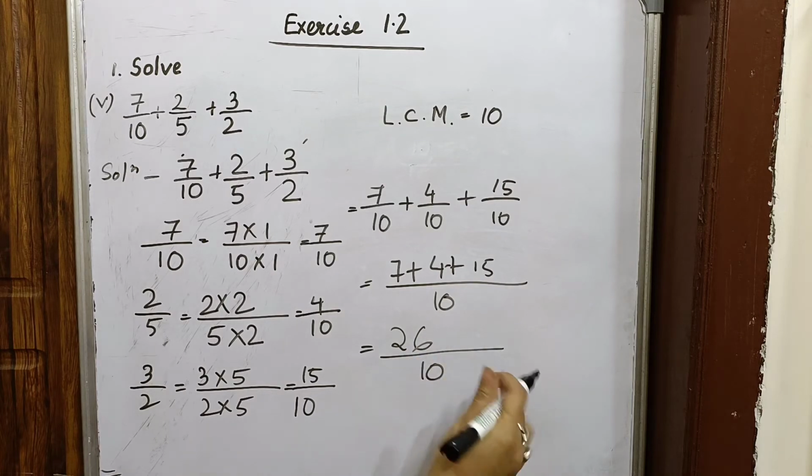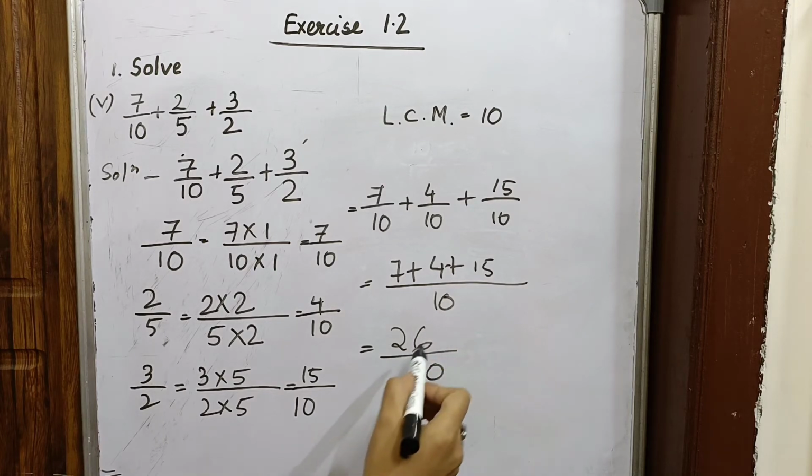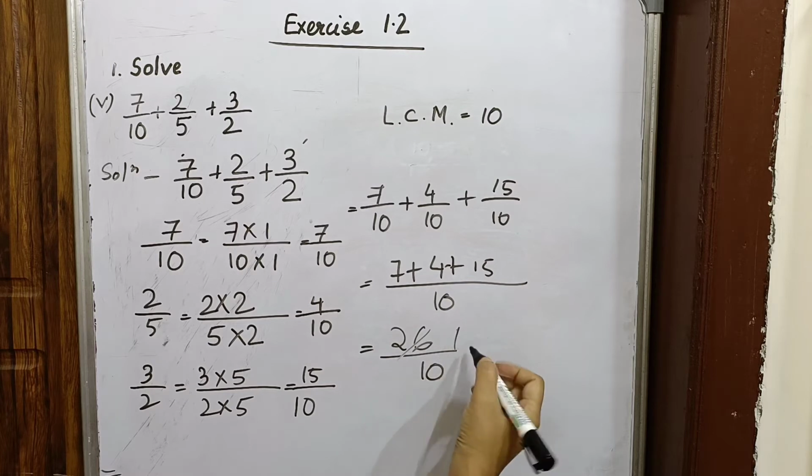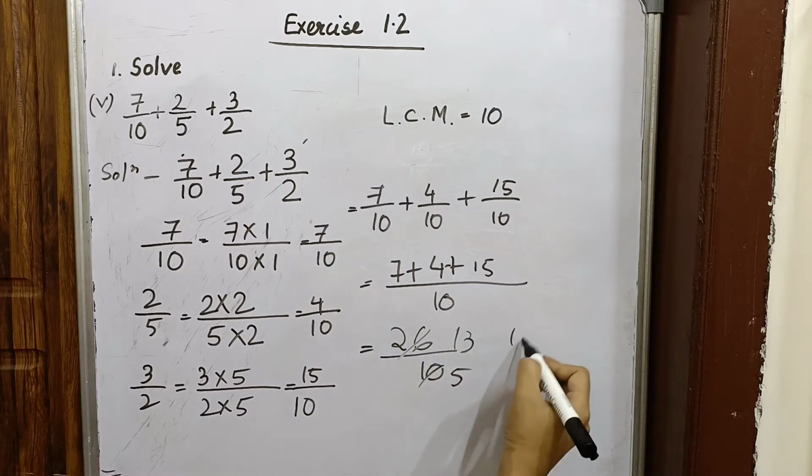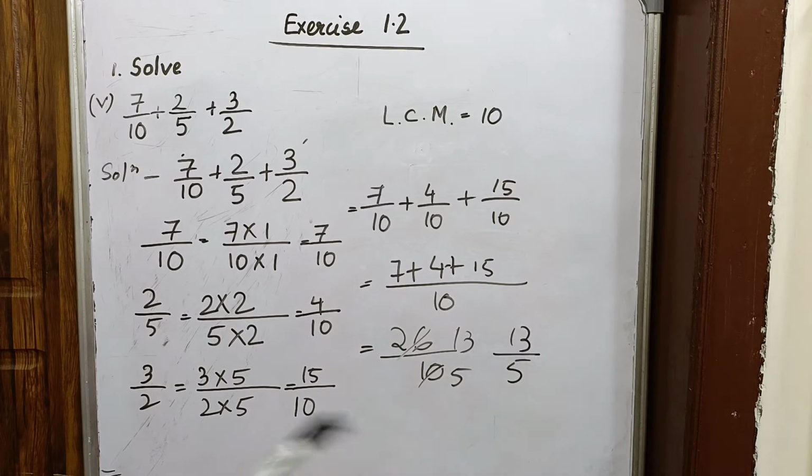You can convert it to the lowest form: 26 by 10 is 13 by 5. You can write either 13 by 5 or convert it into a mixed fraction if you like. Otherwise, this is also the correct answer.